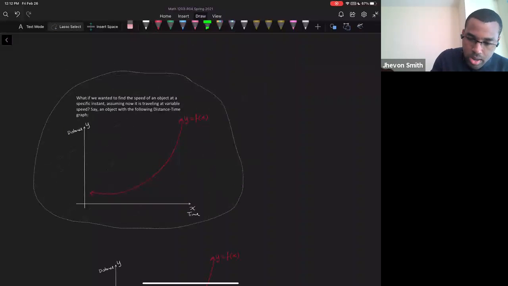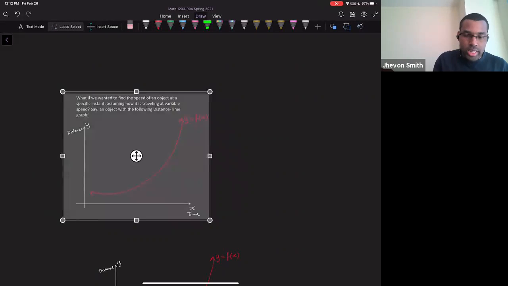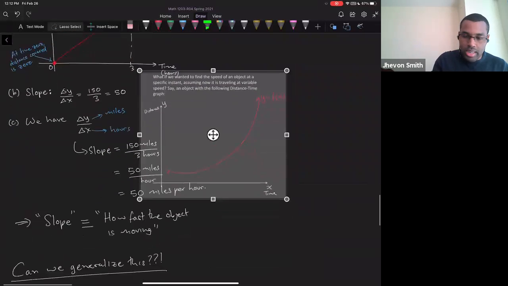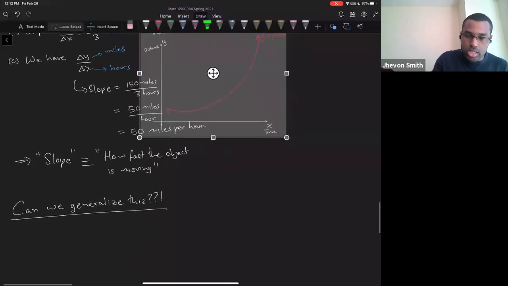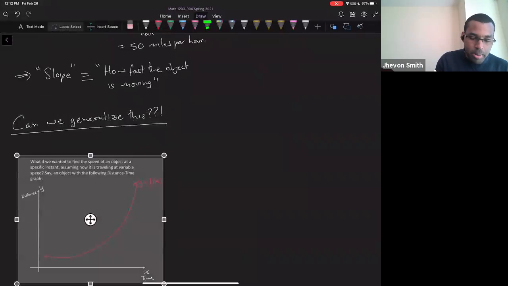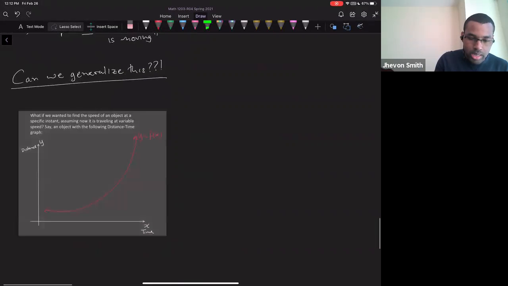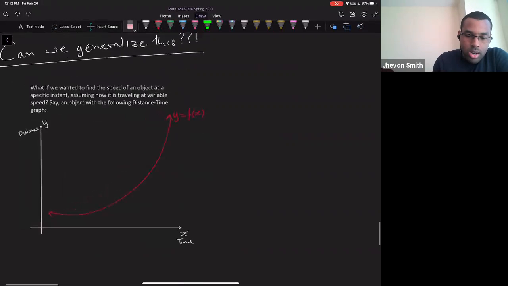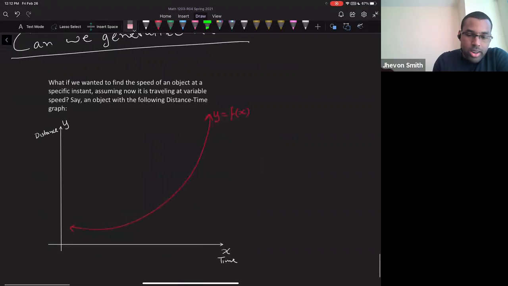So now, suppose it's not changing at constant speed. This is an object that's slowing down, speeding up. If you go back to the example I did from the class where I was explaining what calculus is about, it could be the tides. Sometimes the tide is rising, sometimes it's falling. It's not always doing the same thing, right? So this is a more complicated scenario.